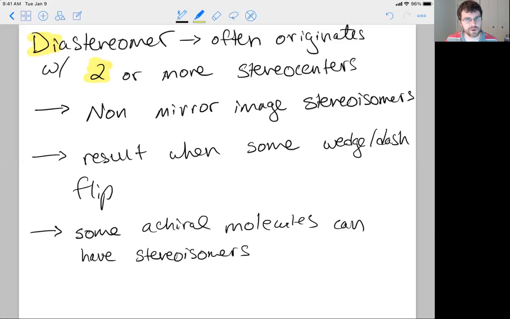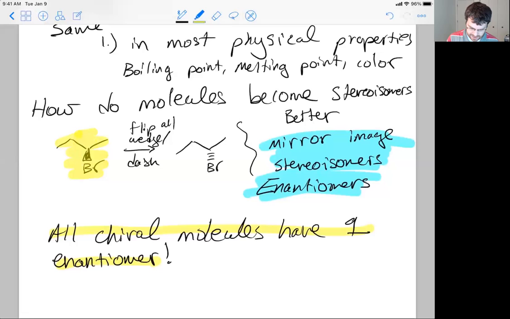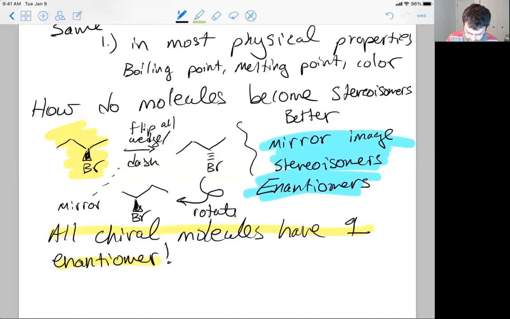So are there chiral molecules that don't have two stereocenters? Yes, certainly. If we look down here, we had this example. Oh, I didn't highlight that if I rotate this, I get the mirror image. Sorry, I missed that opportunity.